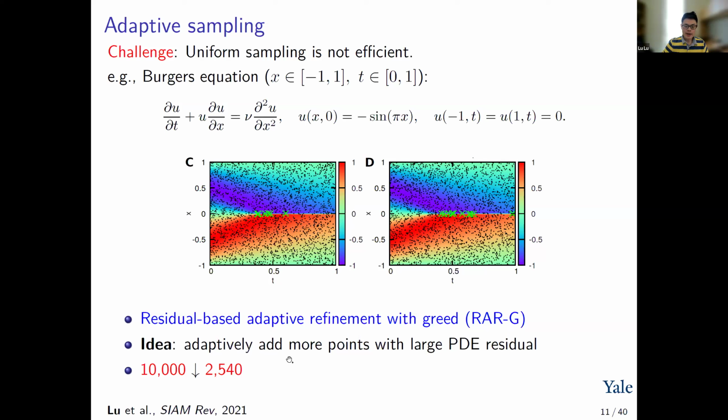Then we can check the locations with large PDE residual. Then we add more training points in the locations with large error, as shown by the green crosses here. Then by using this adaptive training, we can reduce the number of training points, for example, from 10,000 to a few thousand to achieve the same accuracy.